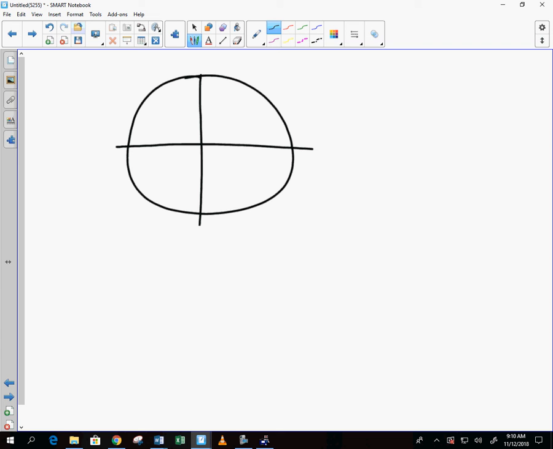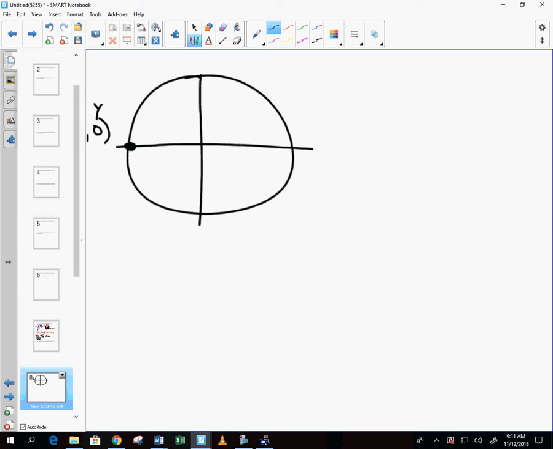So we're looking at this spot right here. Can everybody picture that? What's the coordinate? Is sine the x value or the y value? Sine is the y value. Cosine is the x value. So the sine of pi is 0.